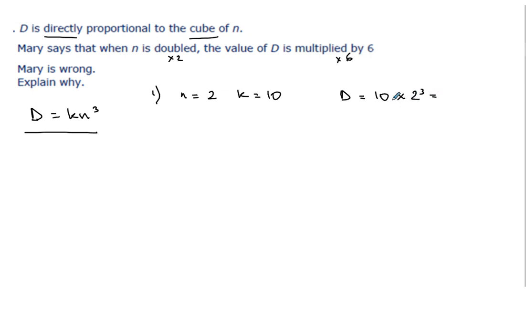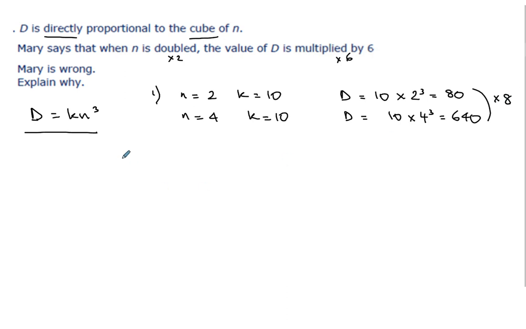So you get 8 times 10 is 80. Now we're doubling n, so n equals 4, but k is still 10 because it's constant. So you've got d equals 10 times 4 cubed. So that's 64 times 10 is 640. So can you see the value of d has actually multiplied by 8?